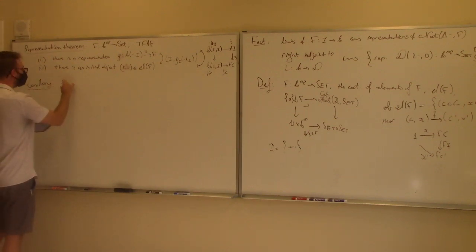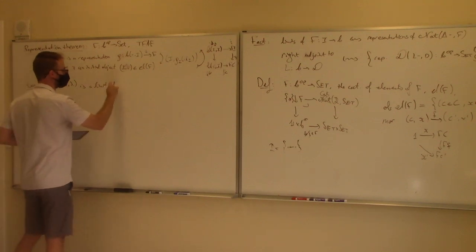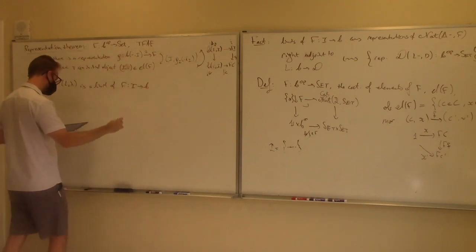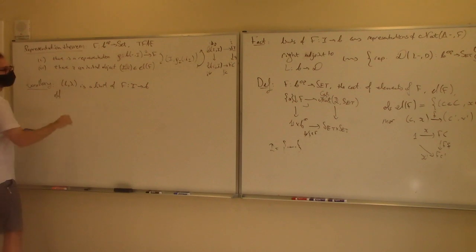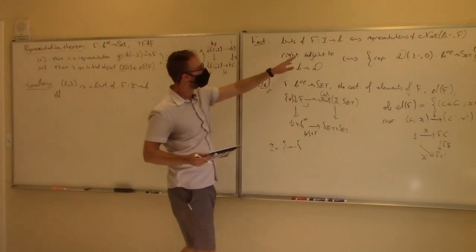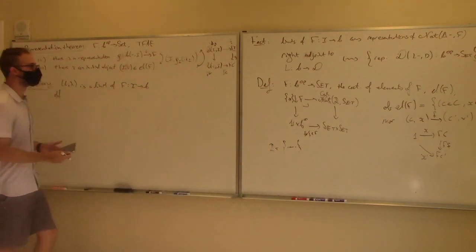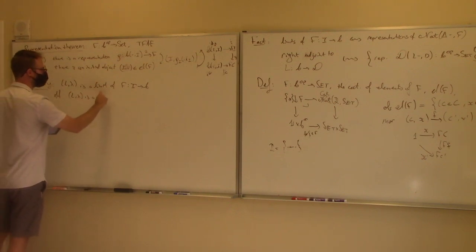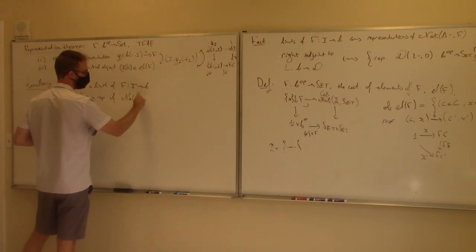So L lambda is a limit of F if, and by this fact, we say L lambda is a representation of this thing.